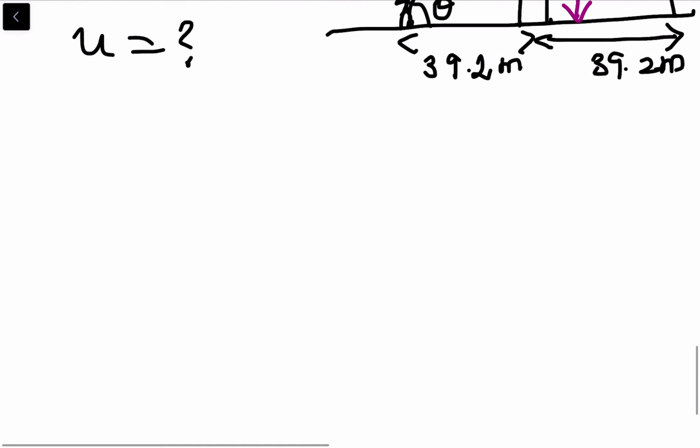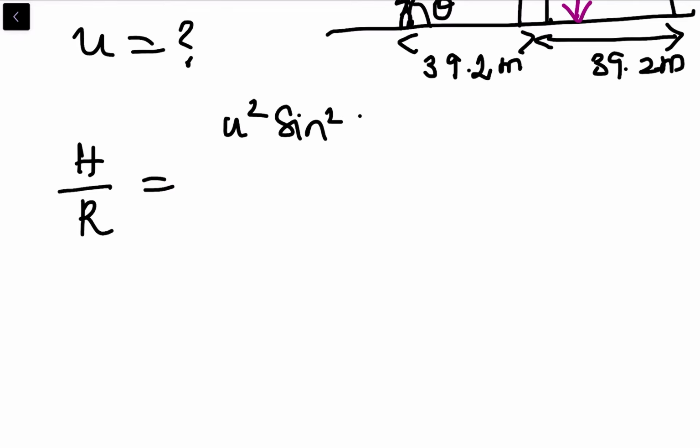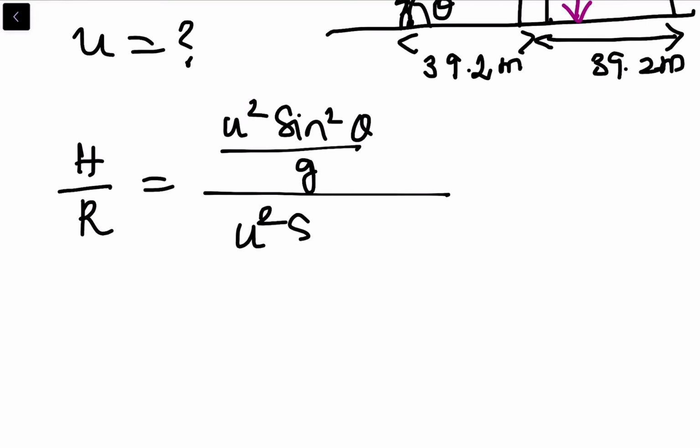Now let us take the ratio of height divided by range, because these two are the only things they have given in the problem. Height is u square sine square theta by 2g, and range is u square sine 2 theta by g.